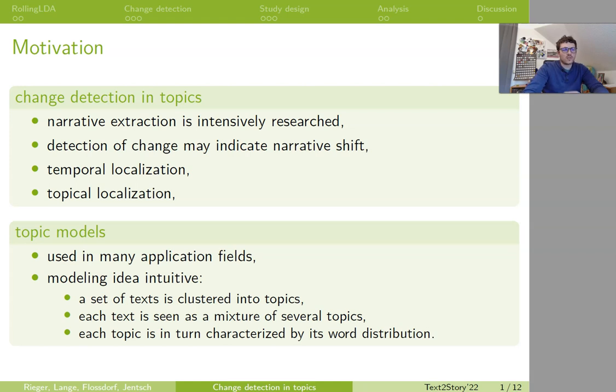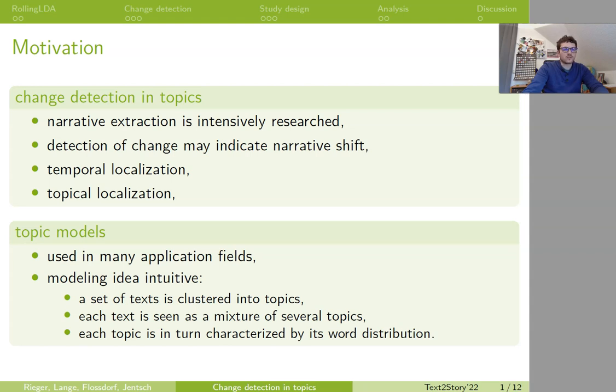This would then be the temporal localization of the narrative. And to be fair, we do not think that we solved both problems with our proposed approach completely, but we rather think that we made the first step so that our work can provide groundwork for further research on narrative extraction and interpretation. We make use of topic models for this approach because their idea is straightforward.